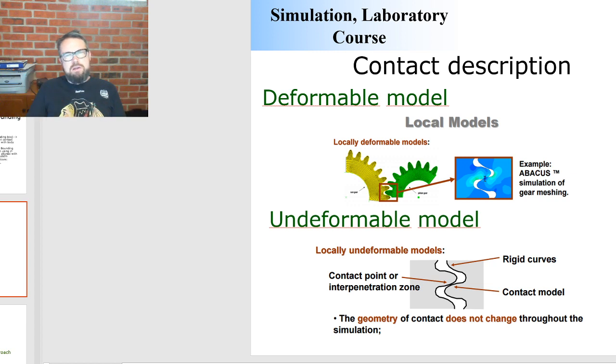Of course, this is not going to be possible, because modeling all bodies as flexible bodies is going to be too demanding computationally, so this is not a realistic option. So what we need to do is look at how rigid bodies can contact each other, and how the contact, even in the case of rigid bodies, can be carried out.